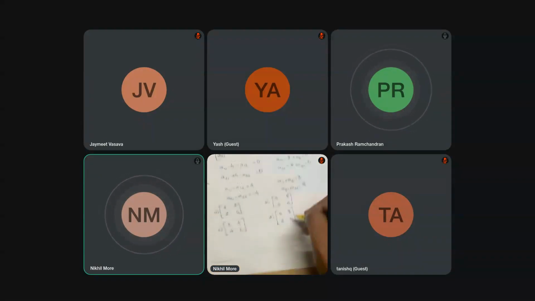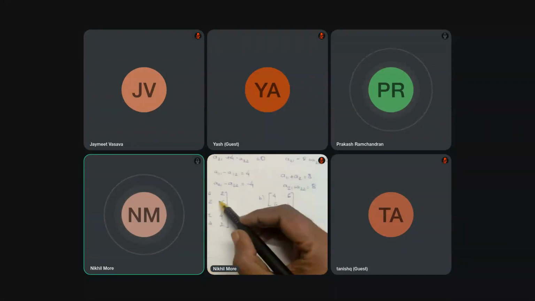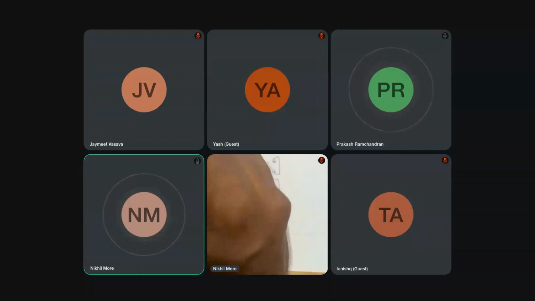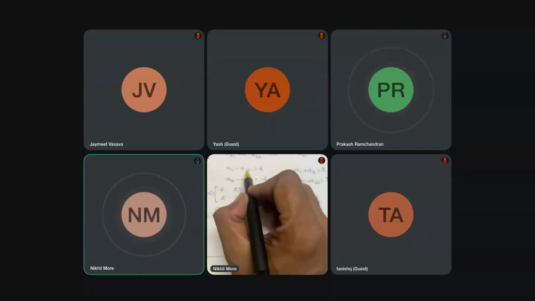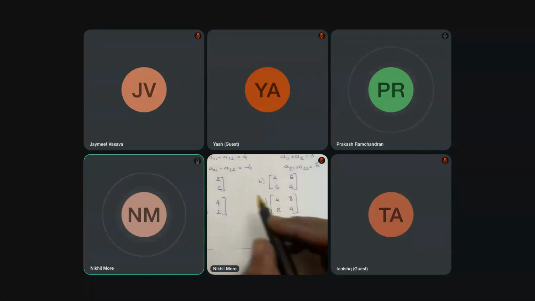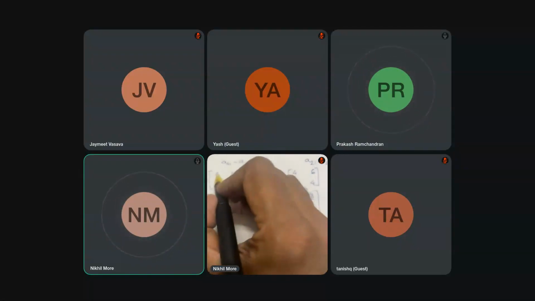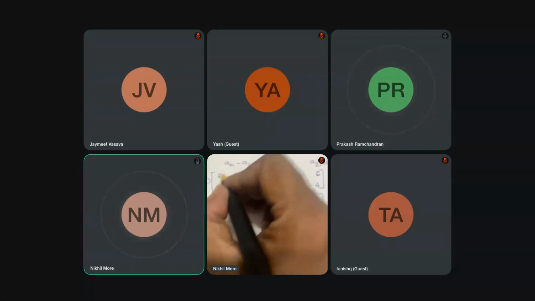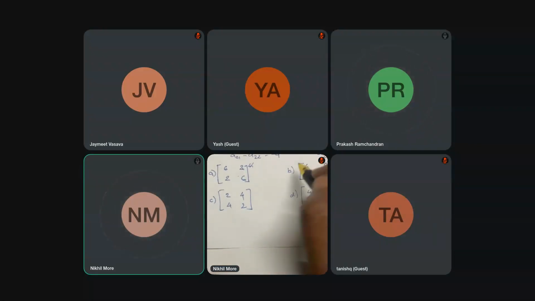Now we can compare these options with the four equations that we have. A11 minus A12 should be 4. In option A, 6 minus 2 gives you 4, so this is one probable answer.